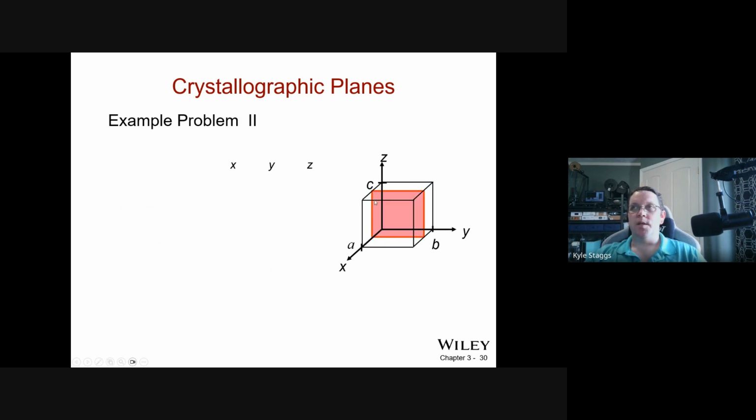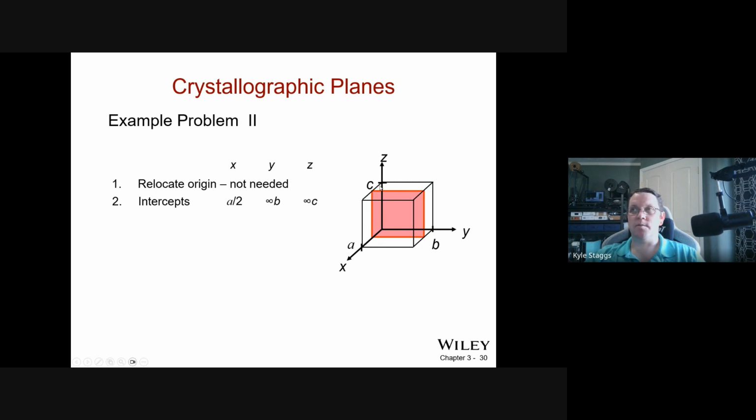Here, a different case of parallelism. ZY plane, it does have an intercept for A, and this one's going to be a little bit different. So we're not relocating because it doesn't go through the origin. The intercepts in 2 of these axes are going to be infinite because they are parallel.